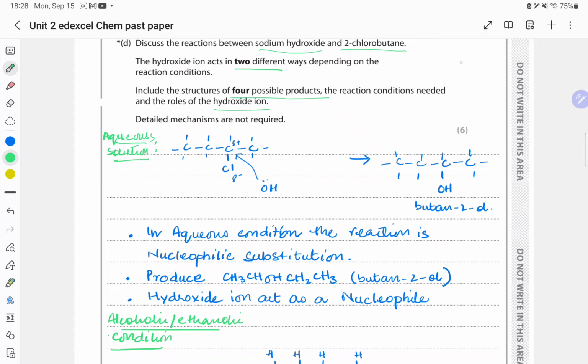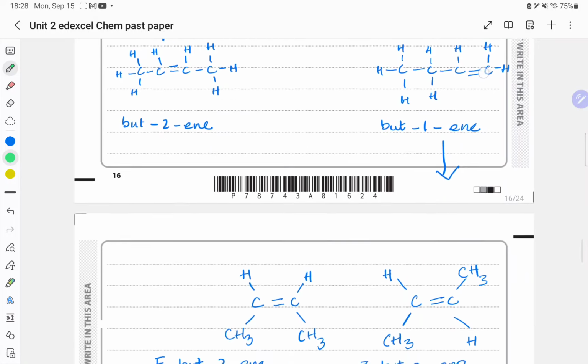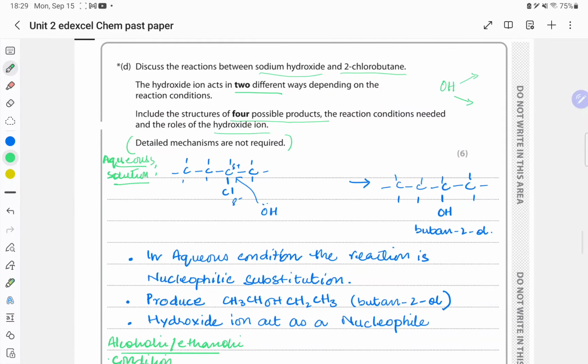Basically they're asking, if hydroxide ion is provided in 2 different conditions, what will be the product? They are not asking about the detailed mechanism, but in order for you to understand, I have given an explanation of the whole process, how it works, because there are 2 possible conditions.